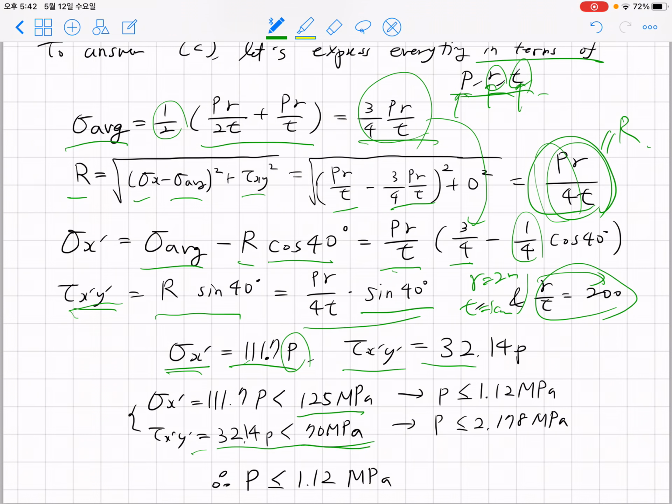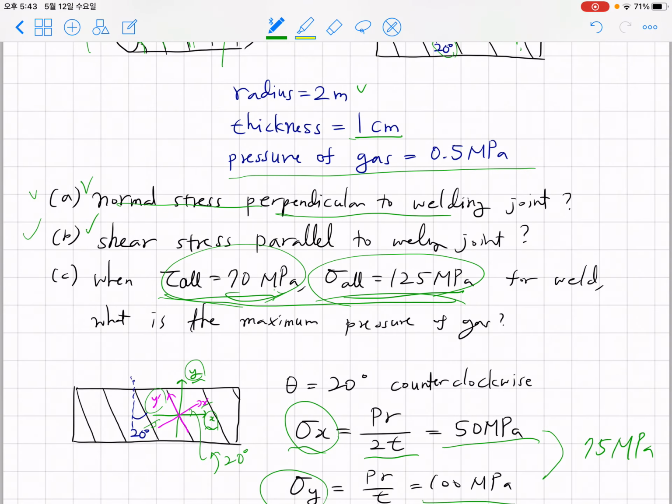So if you plug in 70 megapascal and 125 megapascal, because both conditions should be satisfied, we obtained P should be smaller than 1.12 megapascal and P should be smaller than 2.178 megapascal. Okay, so here what we obtained is that P must be smaller than 1.12 megapascal to satisfy both conditions, and that will be the answer for the third question.